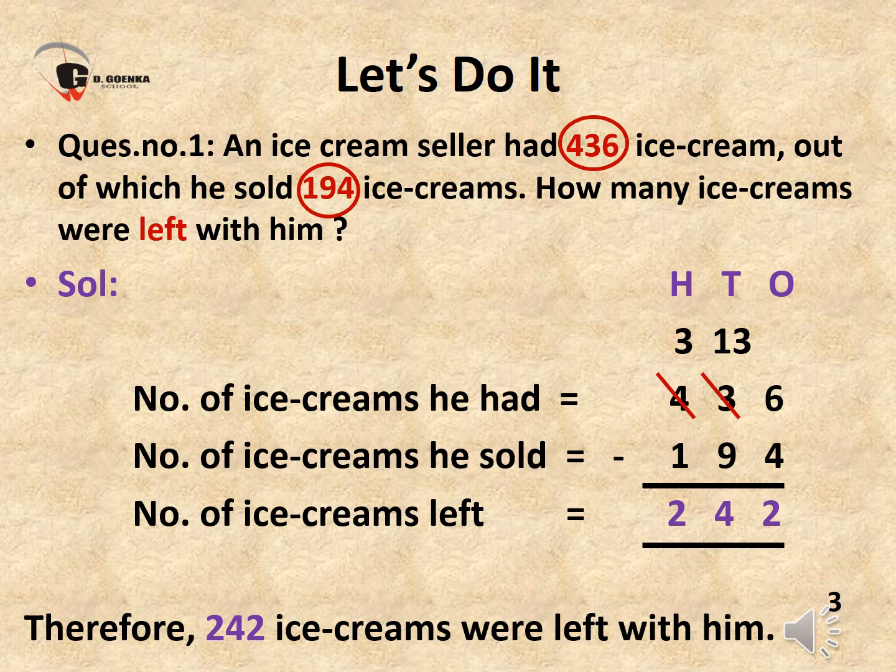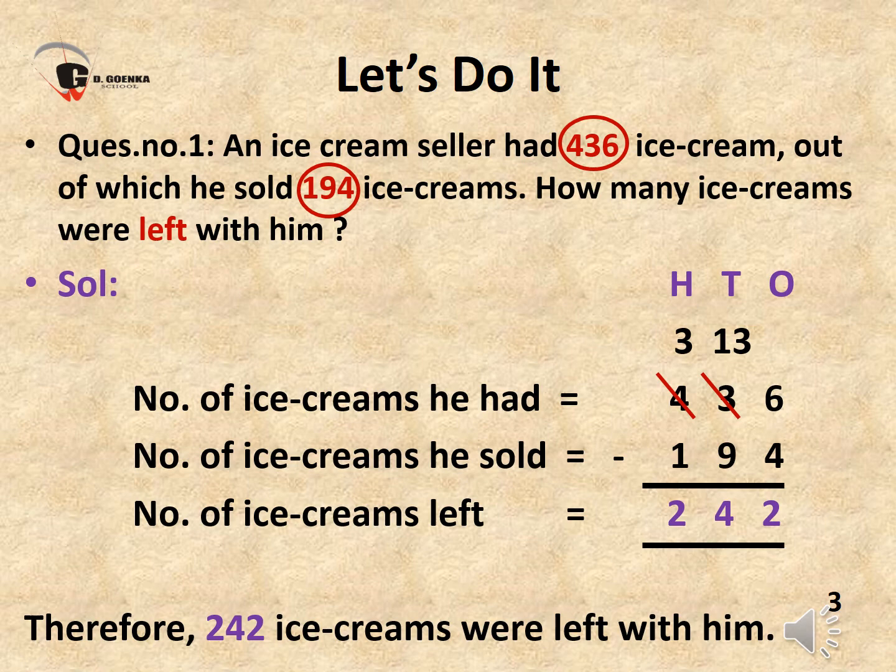How many ice creams were left with him? So what we'll do first, kids? First, we will underline our keyword or highlight it, which is left. Now, we'll circle our numbers 436 and 194.